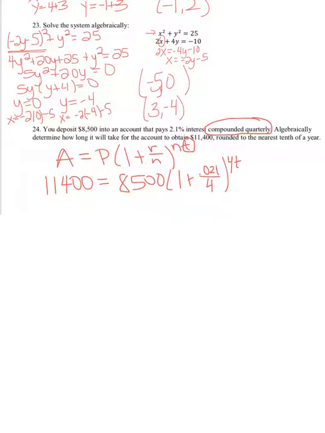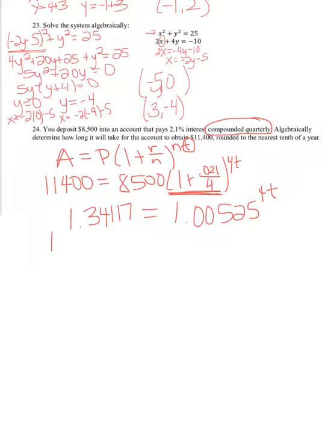You divide both sides by 8,500, and you get 1.34117. Again, you have to write at least 5 decimals. Keep the number in your calculator. Is equal to, I'm going to actually do this in my calculator to clean it up, and I get 1.00525 raised to the 4T.